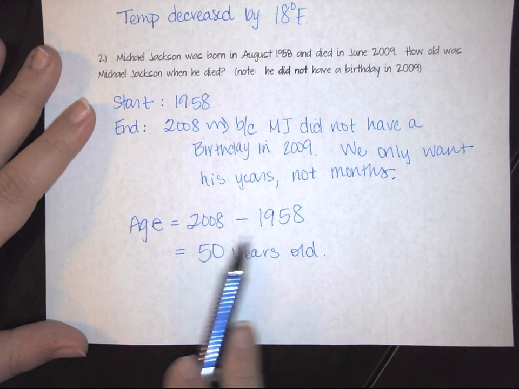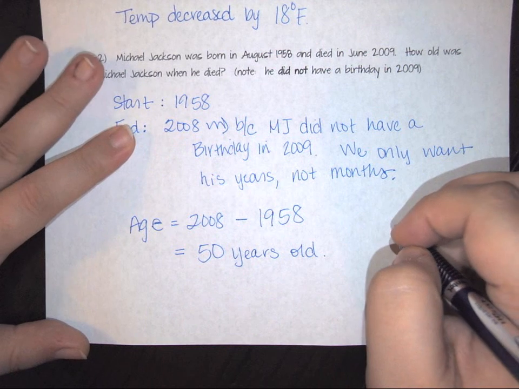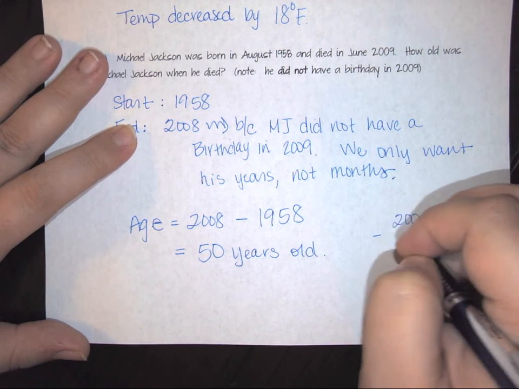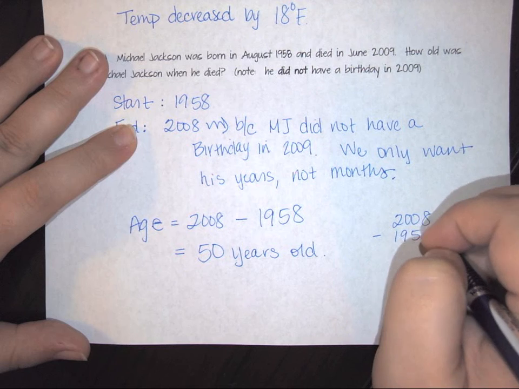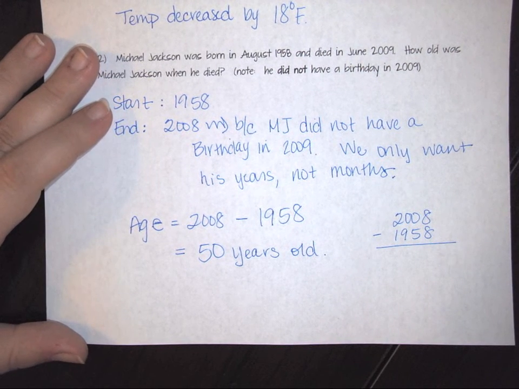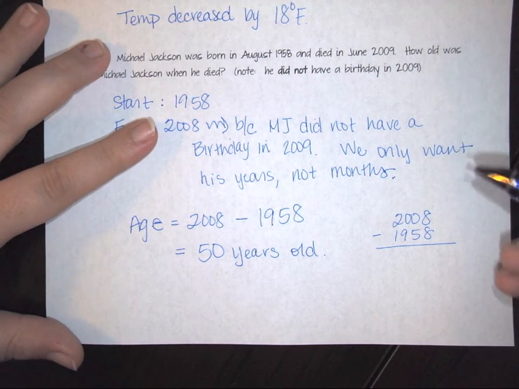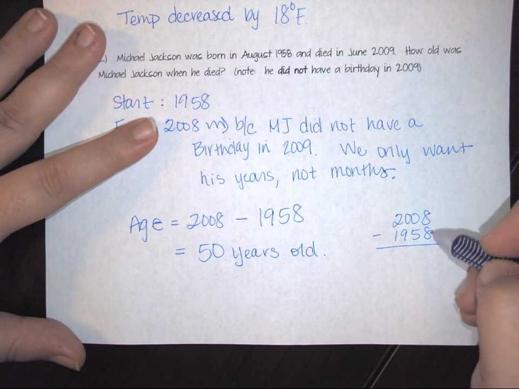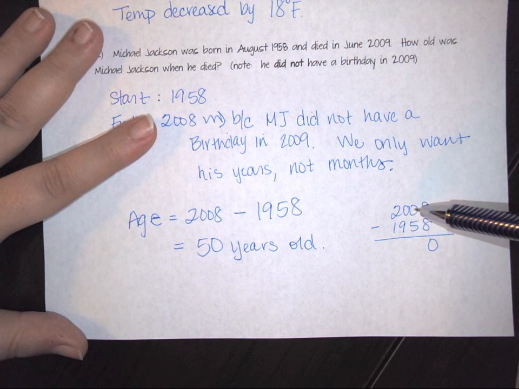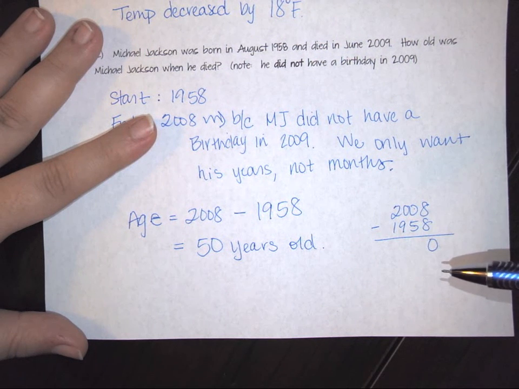Now, if you can't do this, say horizontally, again, remember you can always do it vertically. So we would have 2008 minus that 1958 and solve your vertical math. Okay? And so just for a reminder, you do 8 minus 8 gives you 0. 0 minus 5 doesn't work.